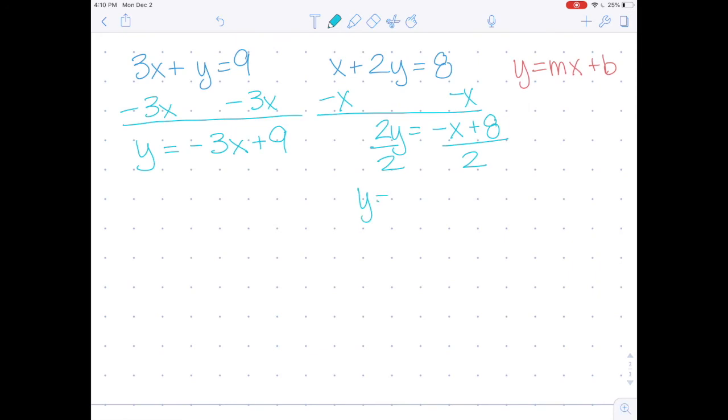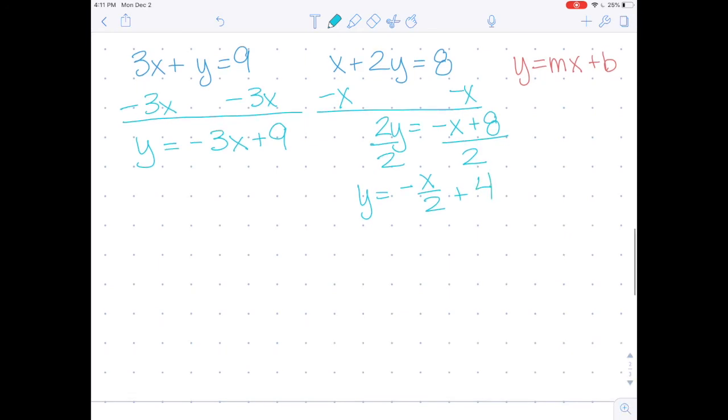So this is y equals negative x over 2 plus 8 divided by 2 is 4, which you can also write as y equals negative 1/2 x plus 4. So if it's asking you to solve a system of linear equations and they're not both in slope-intercept form, you can do a little bit of rearranging before you graph it, and then it becomes a lot easier for you.